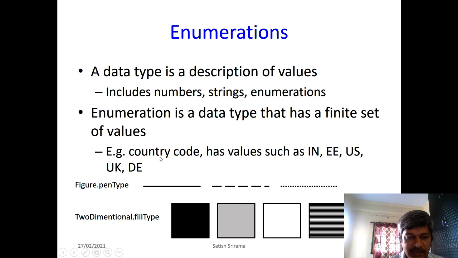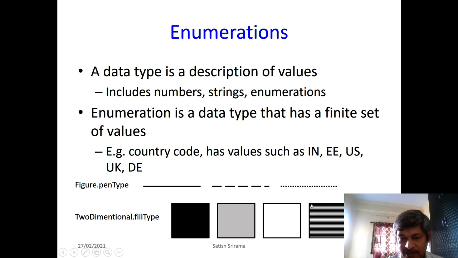Similarly, in the last example, we have seen these two-dimensional field types. The fill type can be fully filled with black color, fully filled with gray color, or there is no fill, so none or null.